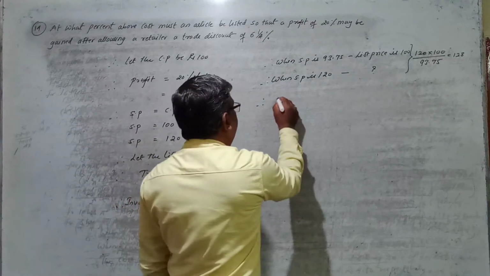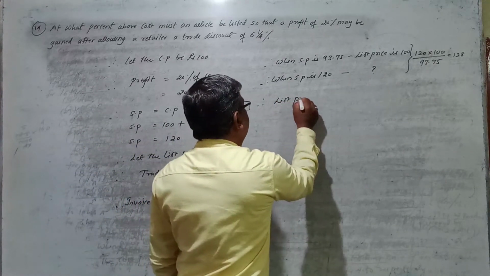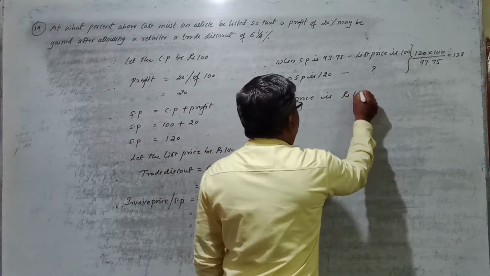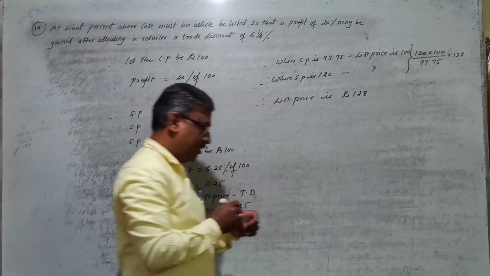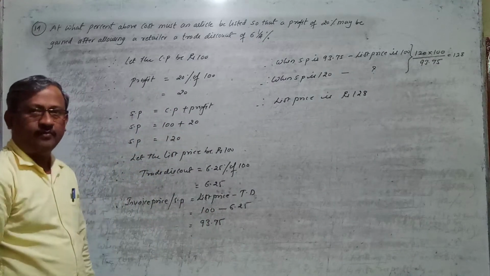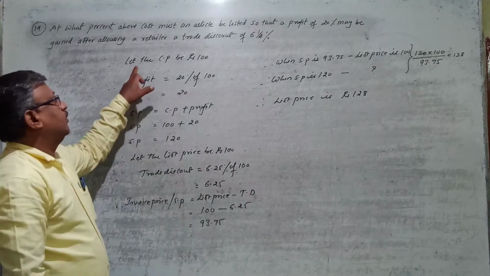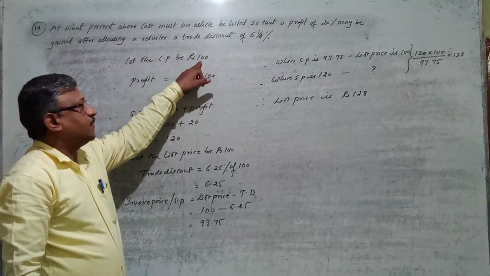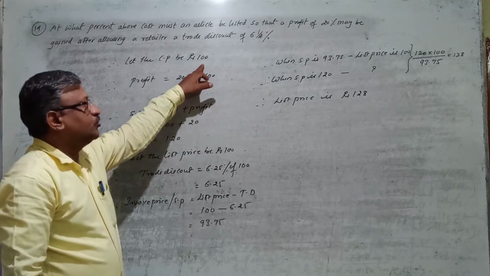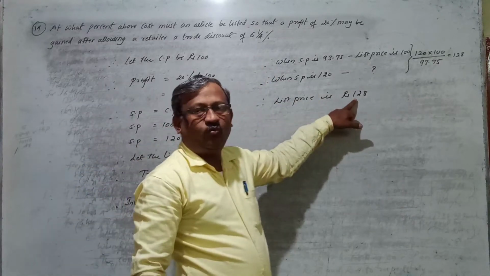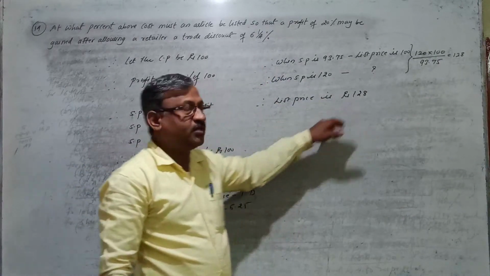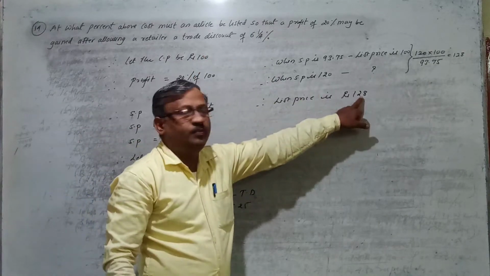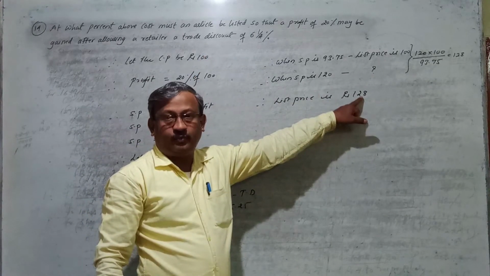Below that you can write, therefore the list price is rupees 128. Here we have assumed the cost price is 100. If the cost price is 100 rupees, you have to mark his goods for sale at 128 rupees. That means he has to raise the cost price by 28 rupees.